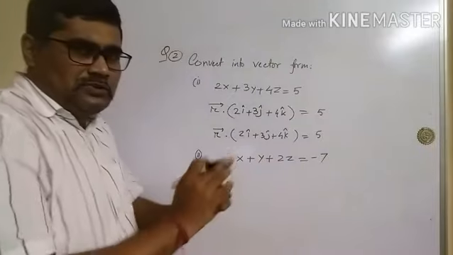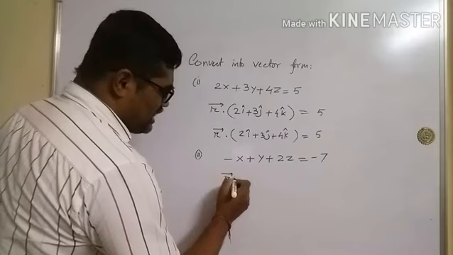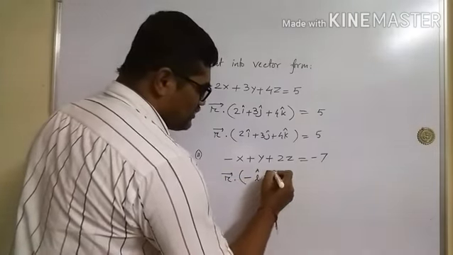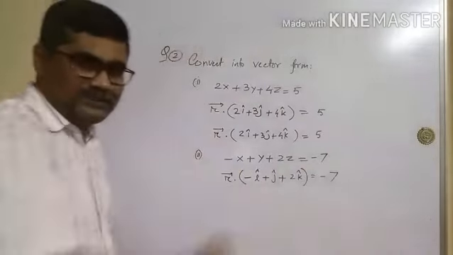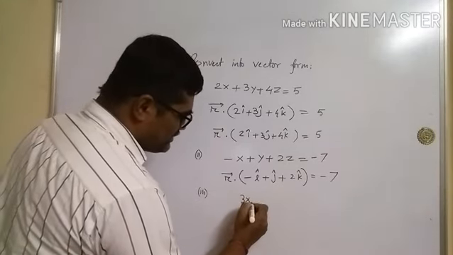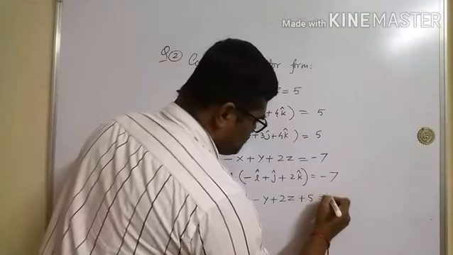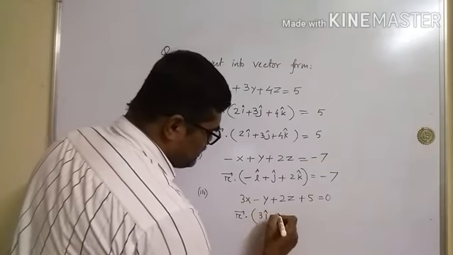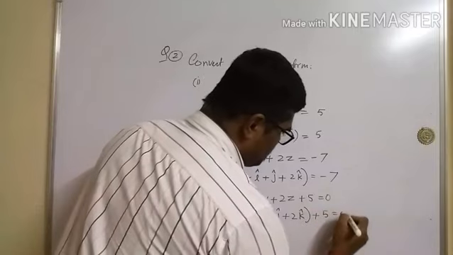You do not touch any other part, right? So this will be R dot, x will be replaced by I cap, y will be j cap, 2 k cap, equals minus 7. Then if I write another equation 3, suppose minus x plus y plus 2z plus 5 equal to 0, your equation will be R dot this plus 5. Did you get this?